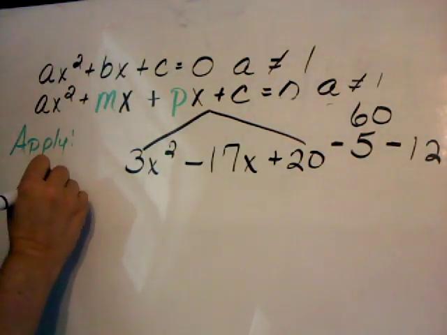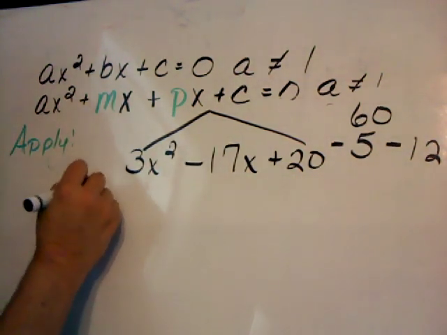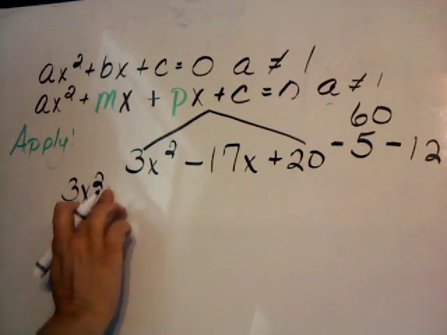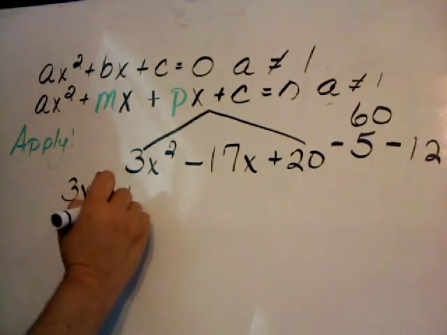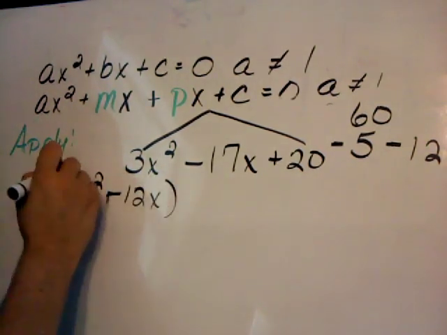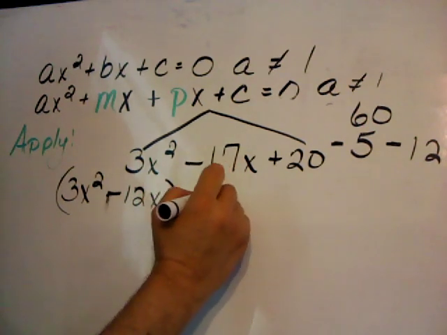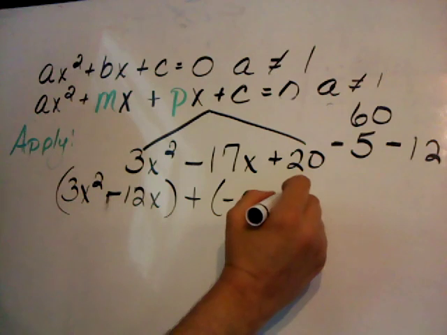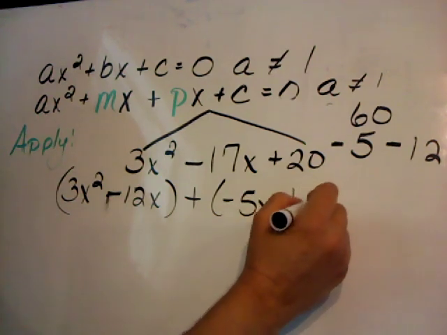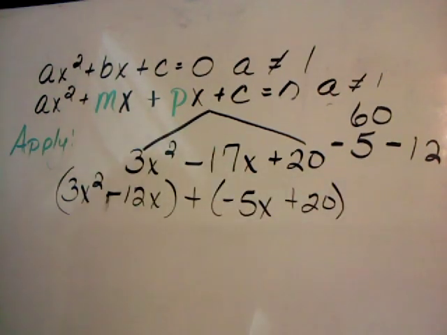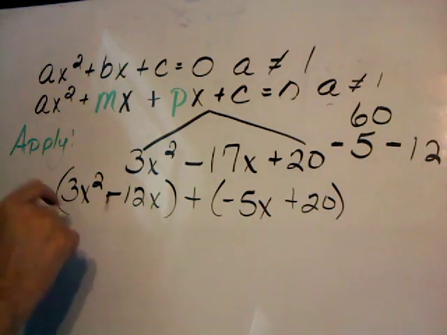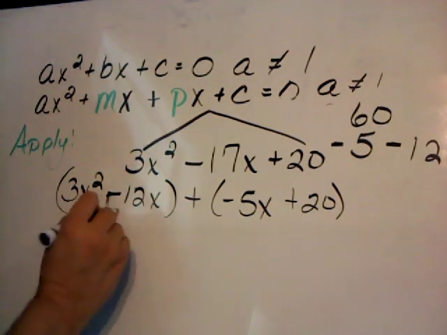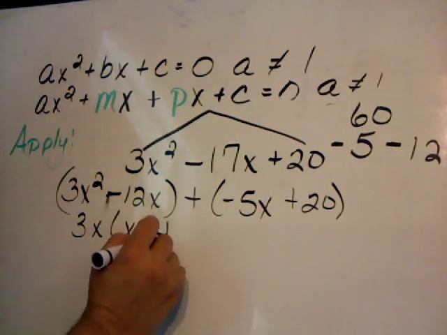So that when I rewrite it, I have 3x squared minus 12x plus negative 5x plus 20. Now I need to factor. I'm going to factor out a 3x, leaving me with x minus 4.